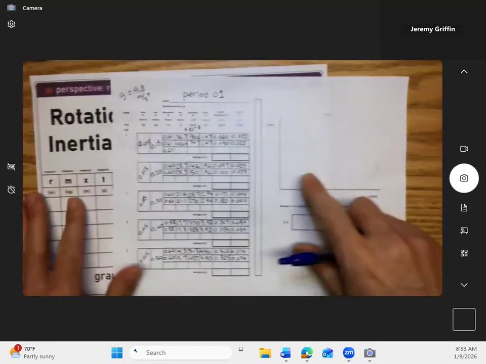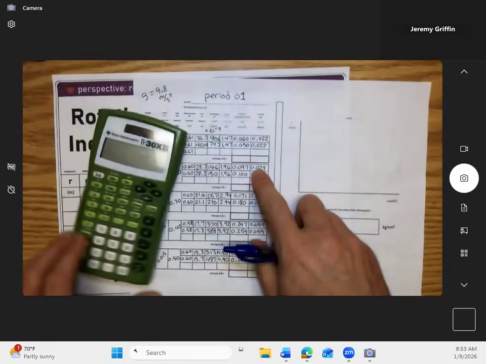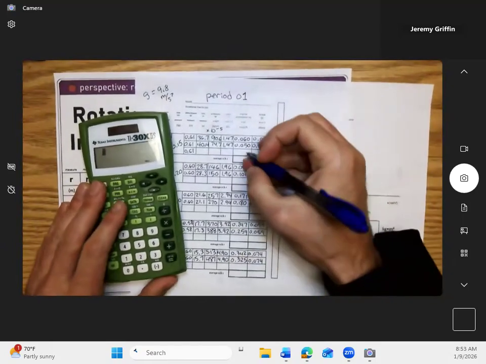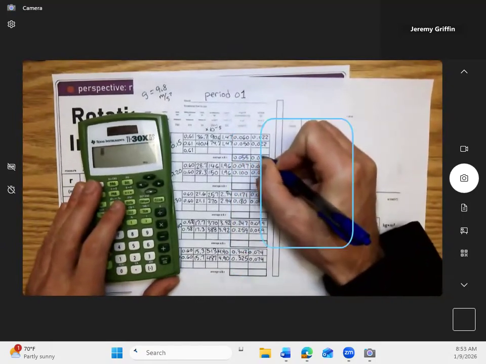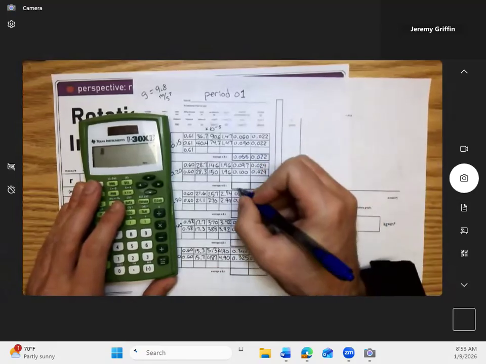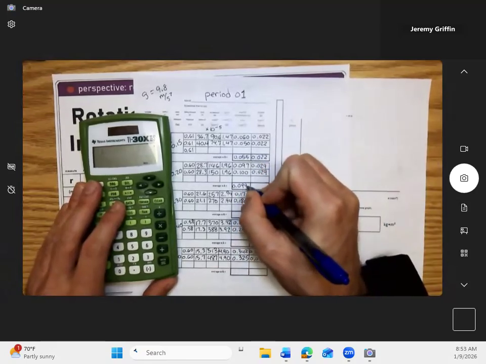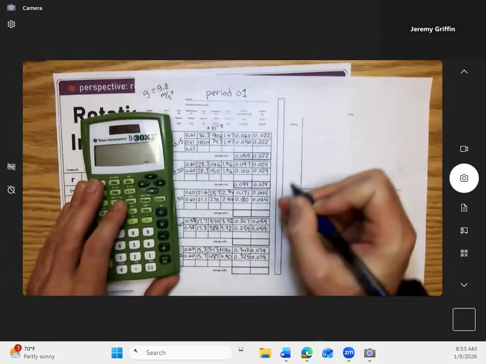Right now, maybe I'll get these averages real fast. What's the average angular acceleration? I think I can do some of this in my head. 0.0, 0.02.